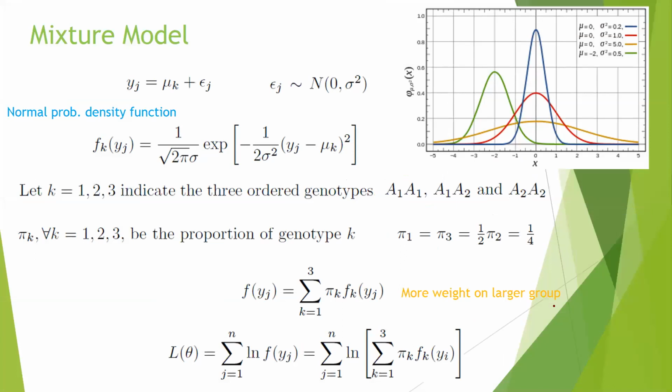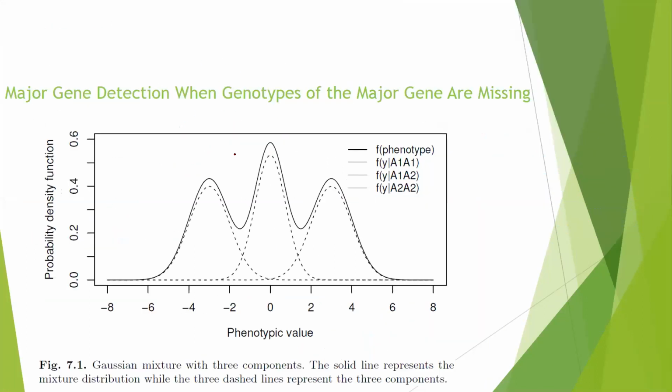We are talking about the proportion, the mixing proportion. Let's go back to here. We have the whole distribution here for the F2 population. Do we know the mixing proportion for each genotype?